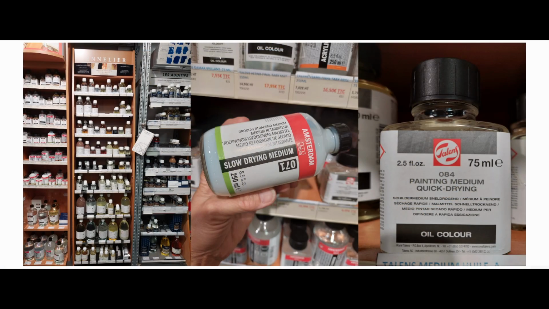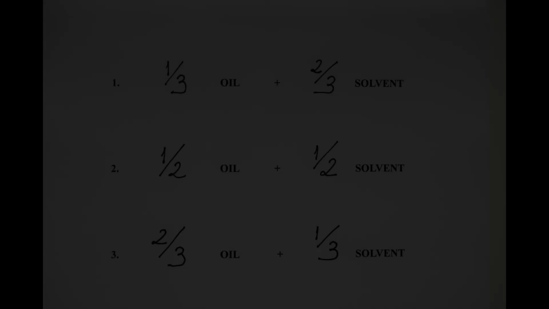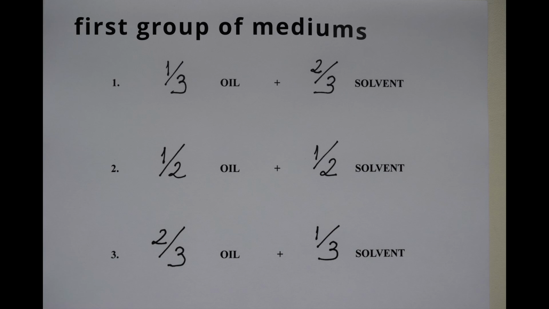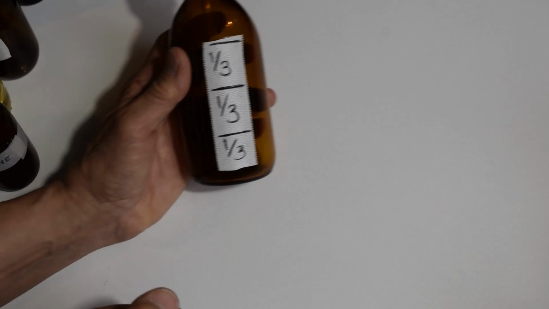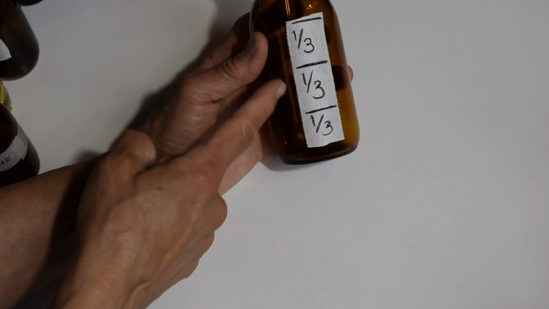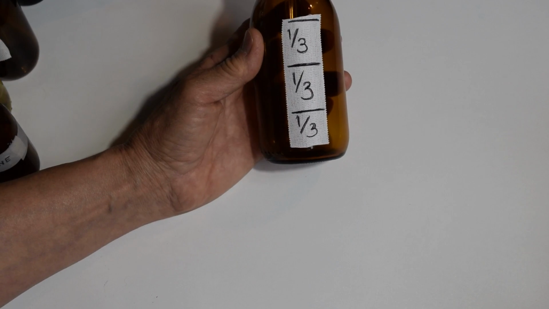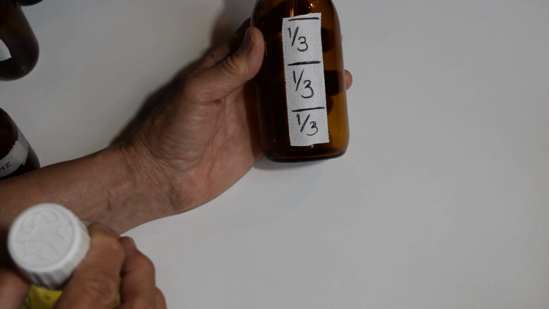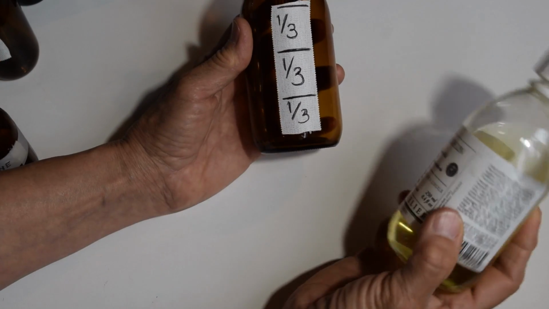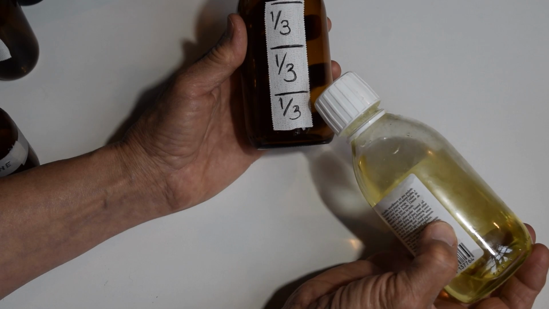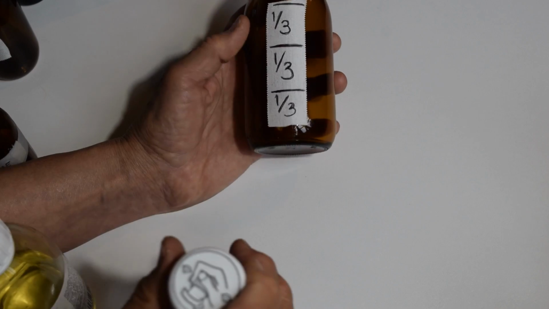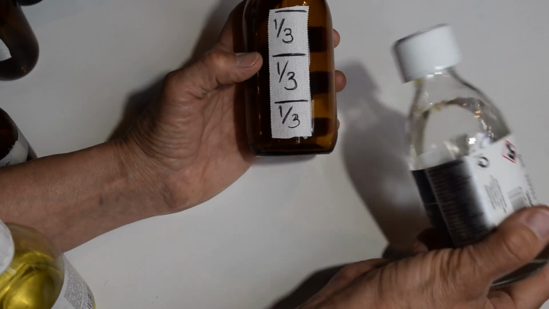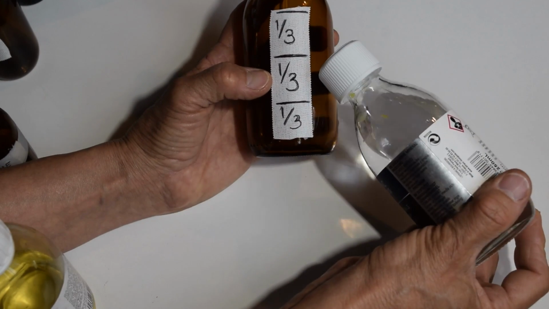Before buying the ready-made mediums, here are two groups of mediums I recommend. This is the first group. You measure the thirds on a bottle. Then you start by pouring a third of the oil and then two thirds of the solvent.